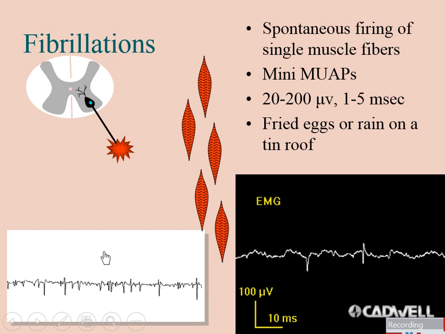There we go. So it sounds like a thunderclap when you get that insertional activity. And then the insertional activity starts to calm down. You're not moving the needle anymore. You still have these little firings in the background.